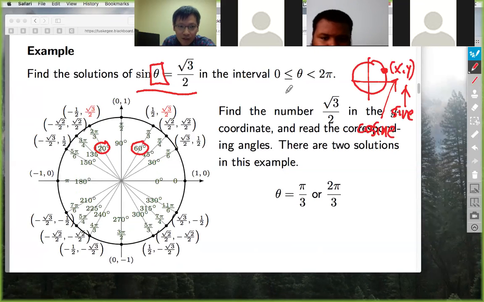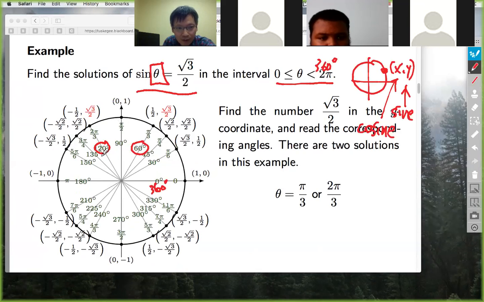The unit circle gives you the angles between 0 and 360 degrees. So if the interval is given, you can just look them up. In the question, you see the interval is between 0 and 2 pi, which is 360 degrees. The question just lets you find solutions between these angles, which is telling you to just use the unit circle.